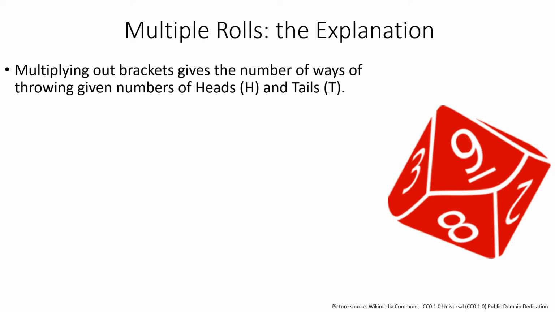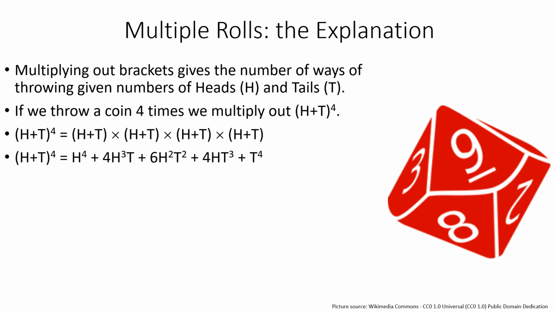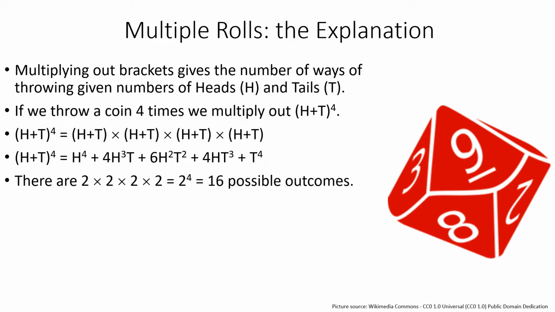And so, if we're looking at multiple rolls in a more general sense, ultimately we can multiply out brackets this way. One way I like to think of it, you could have H representing heads, T representing tails, and if you multiply out that bracket 4 times, this effectively looks at all the different combinations. So this is the H plus T written out 4 times, and then simply multiplying those out, we find these different powers of H's and T's in there.